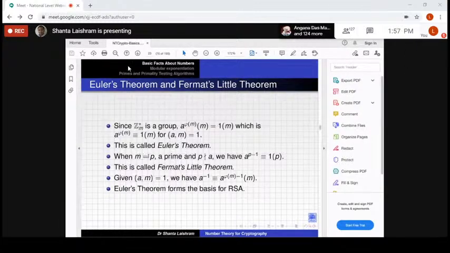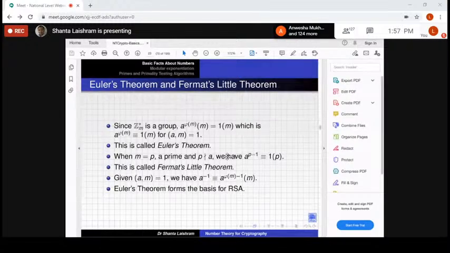And when M is P, where P is a prime and P doesn't divide A, then phi of P is P minus 1. So A to the power P minus 1 is 1 mod P. This is called Fermat's little theorem. In fact, from here we can get the inverse of a number: A inverse is A to the power phi of M minus 1 modulo M. But given M, computing phi of M is not that easy.